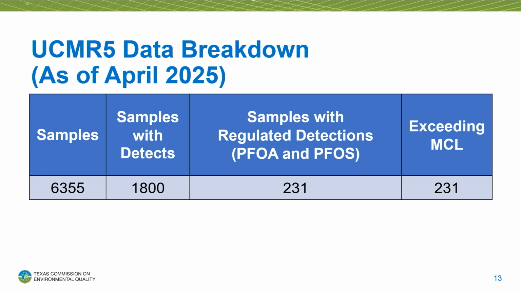Of those, 1,800 had a detect of one of the 29 PFAS, and of that, 231 had a detect of either PFOA or PFOS, which would be the regulated ones. And then from that, 231 exceeded the MCL, and that's because the minimum reporting level for PFOA and PFOS is 4 parts per trillion, and that's what the MCL is set at.